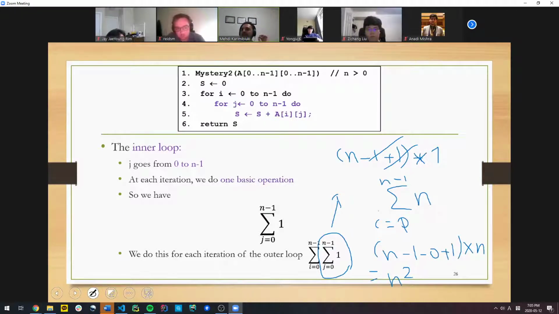So the execution time for this algorithm based on the input is n squared. In other words, this algorithm takes quadratic execution time to operate.